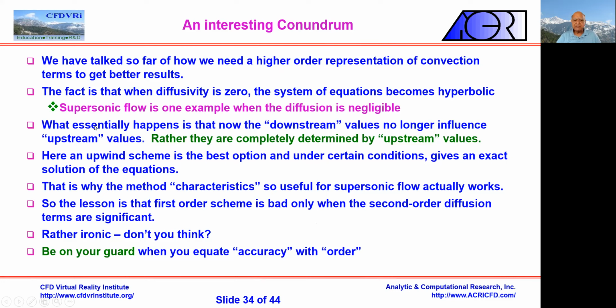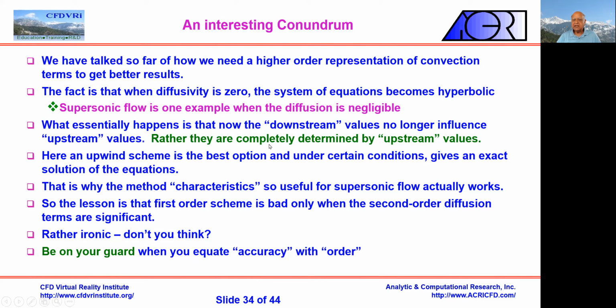What essentially happens in a hyperbolic system is that the downstream values no longer affect the upstream values. So if flow in the Colorado is going from the US to Mexico, the Mexican values of the concentration or temperature of the water do not affect the values in Denver, right?